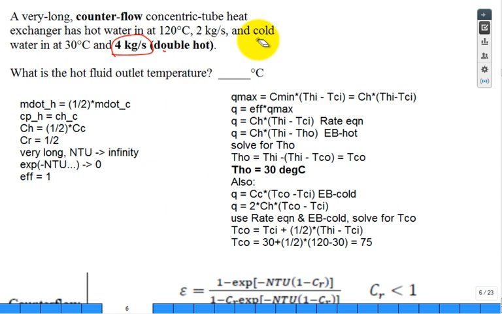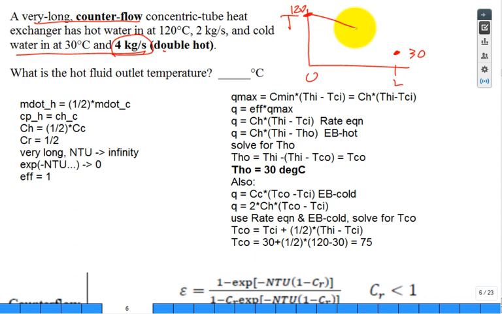Okay, so if you wanted to, let me draw it up here. The temperature is a function of position, 0 to L. We're doing the counterflow. So let's put in hot way up here at 120, the cold over here at 30. And the cold is now faster, going through the system at a greater rate. So what happens is the slopes are not the same.